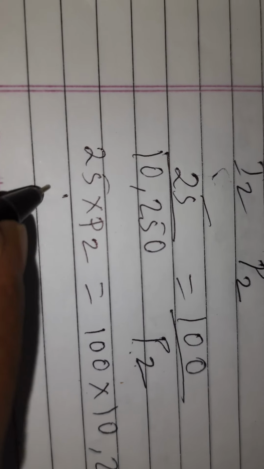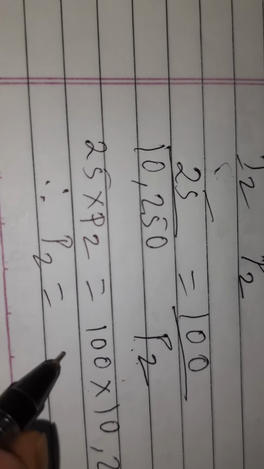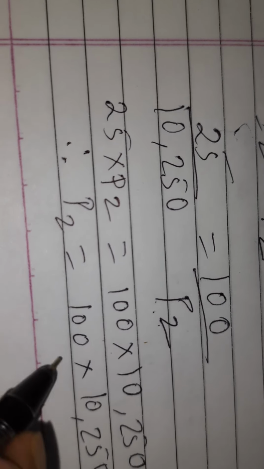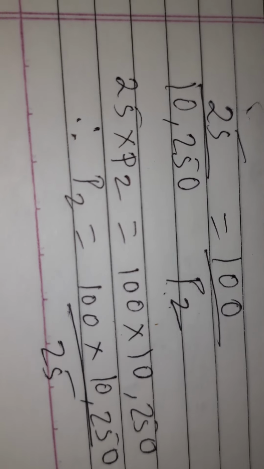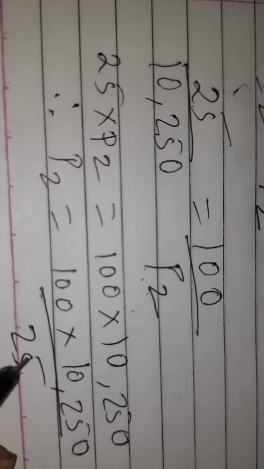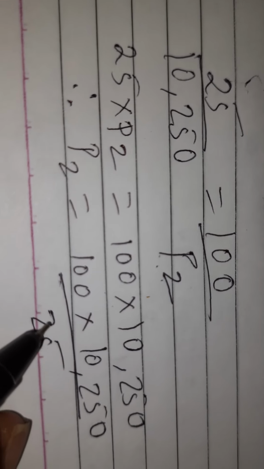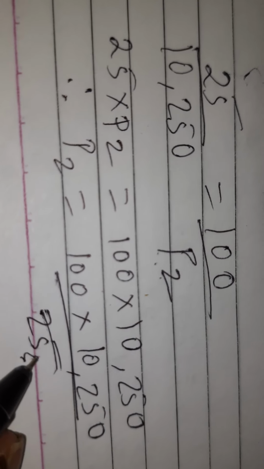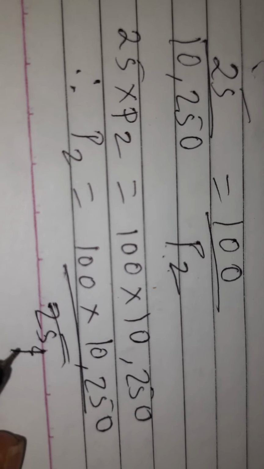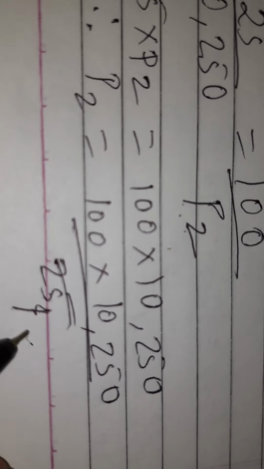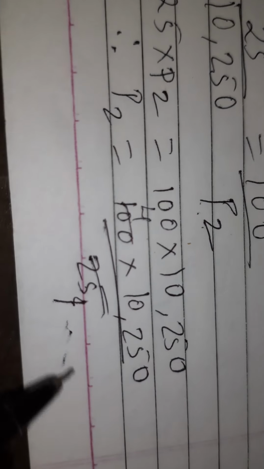So therefore P2 will remain here, 100 into 10,250 divided by 25. Okay, so the 5 table will be easy to use, or the 25 table also. So 5 5s are 25, 25 1s are 25, 25 4s give us 100. So easy, no? We got rid of it.